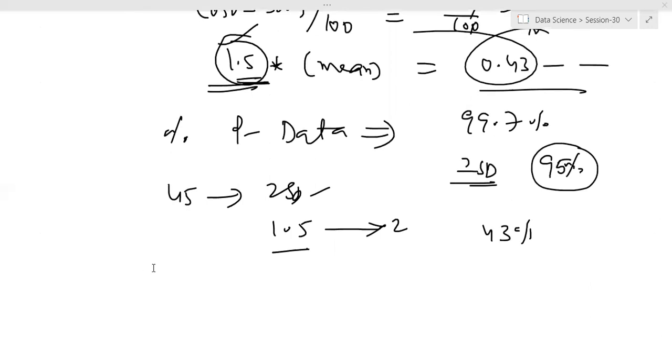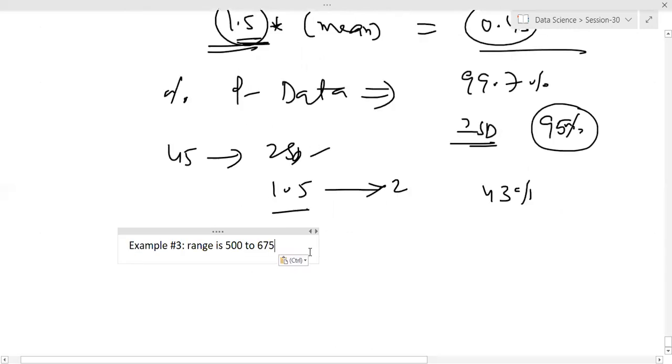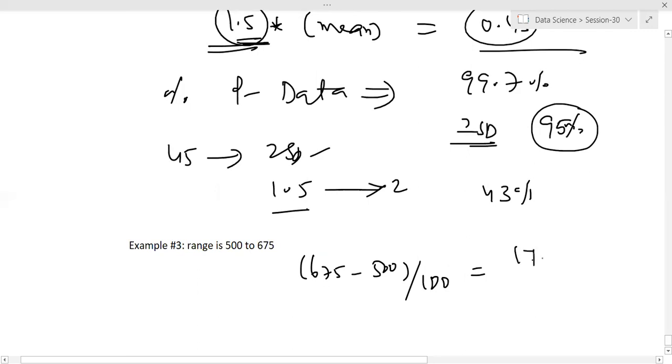Now, if I am asking you the third question, suppose a person wants the range of 500 to 675. Now you can calculate. What is the initial formula, friends? We have to take 675 minus 500 divided by the standard deviation, 100. So this is 175 by 100. What is the value, friends? 1.75.